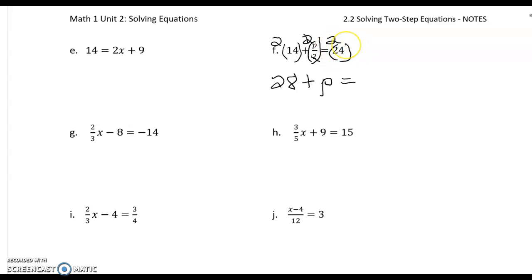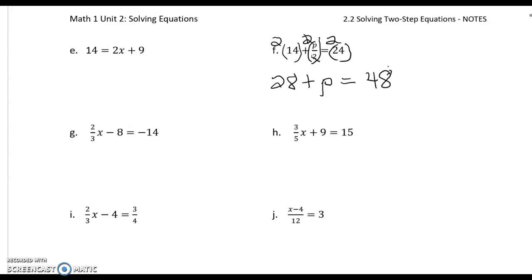Again, even though 24 is not a fraction, the rule is once we decide how we're going to clear out fractions and what we're going to multiply by, every term gets multiplied by that number. Okay, so as you can see here, now we're looking at an equation that doesn't have any fractions. Okay, so this is where you want to be when you start moving on down to the remaining steps.